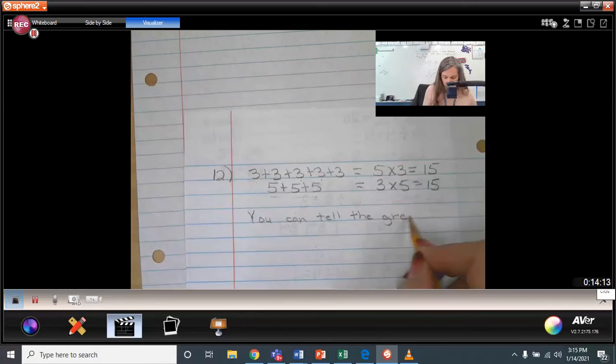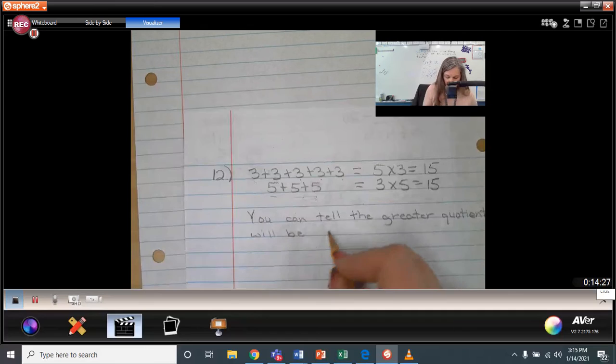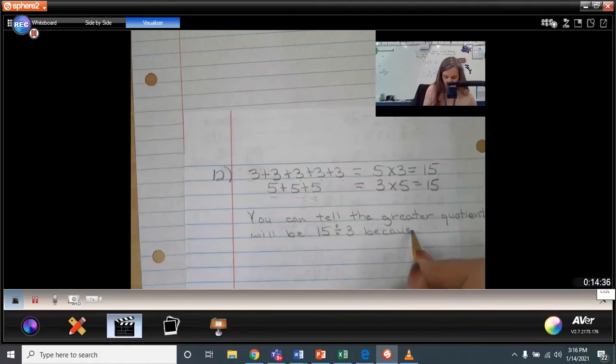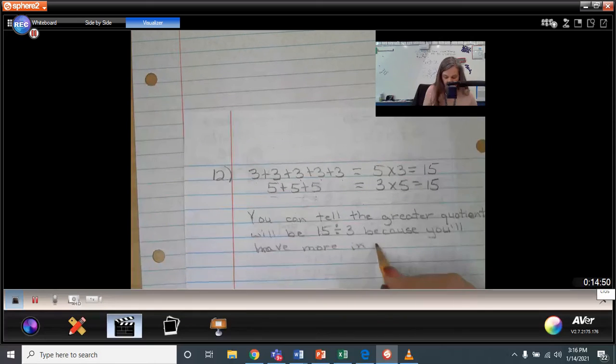the greater quotient will be 15 divided by 3 because you'll have more in each group.